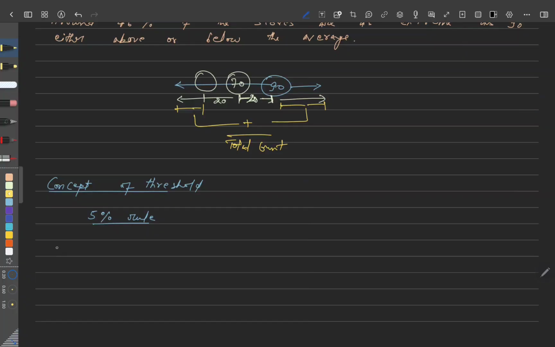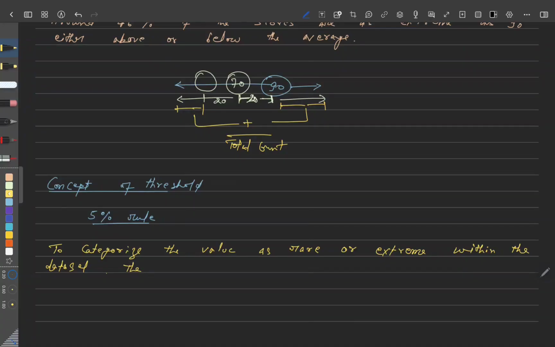So let me write this. To categorize the value, the reference value, in our case 90, as rare or extreme within the data set, this is important. Given data set or within the data set is important.